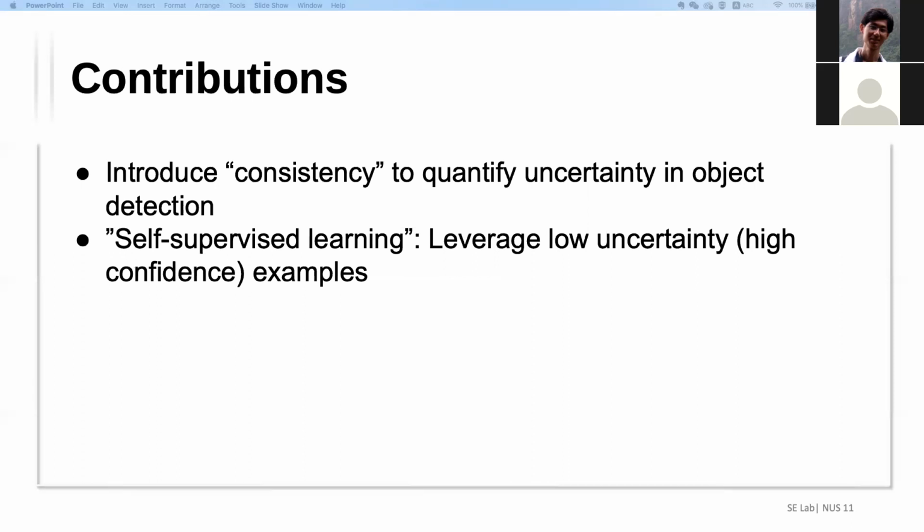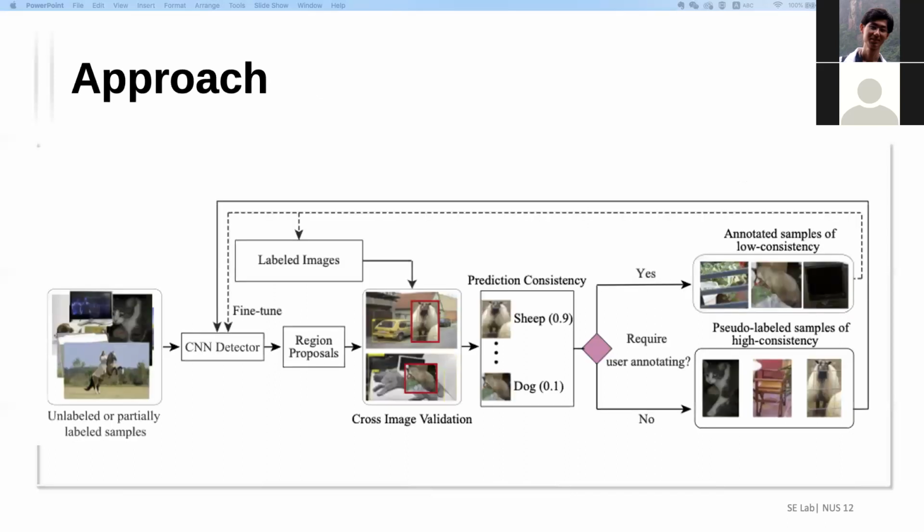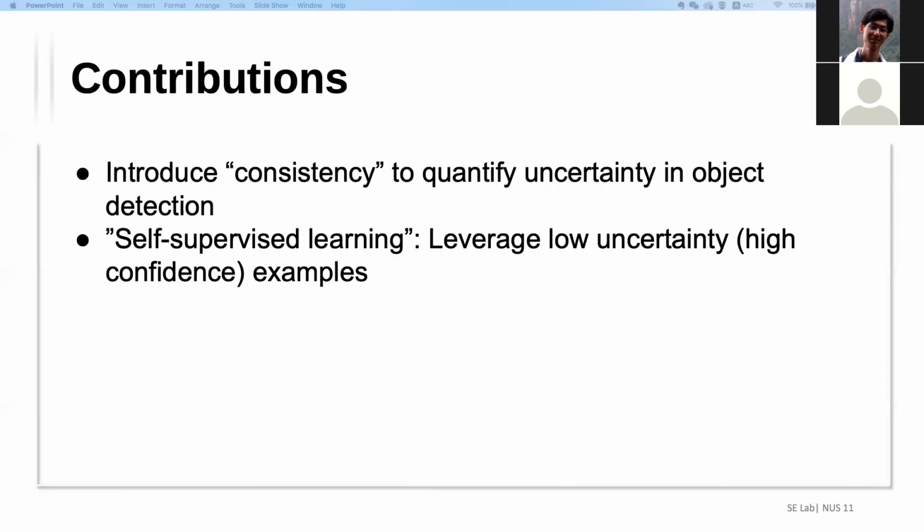It leverages those low uncertainty or high confidence examples, while the existing work usually just discards them because they only select those high uncertainty examples. Leverage high confidence examples, okay, this is used for pseudo-label generation.